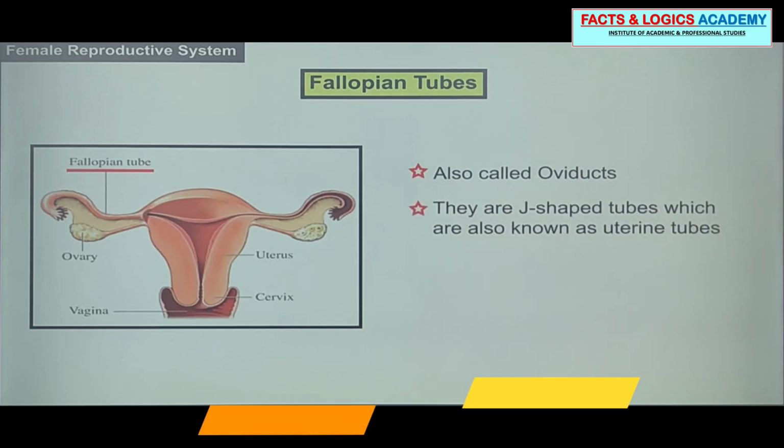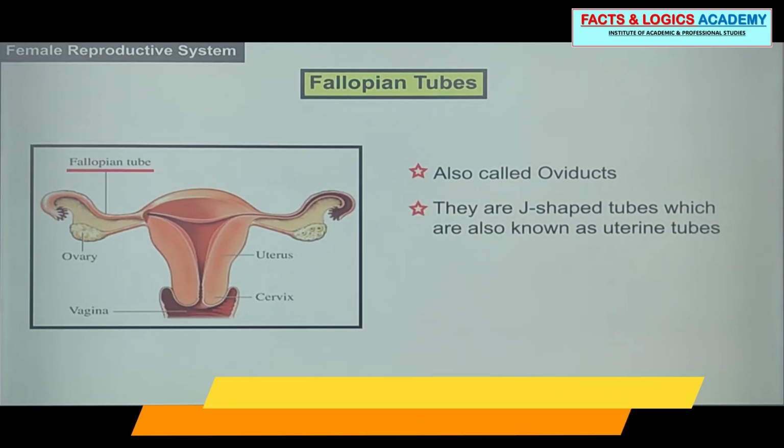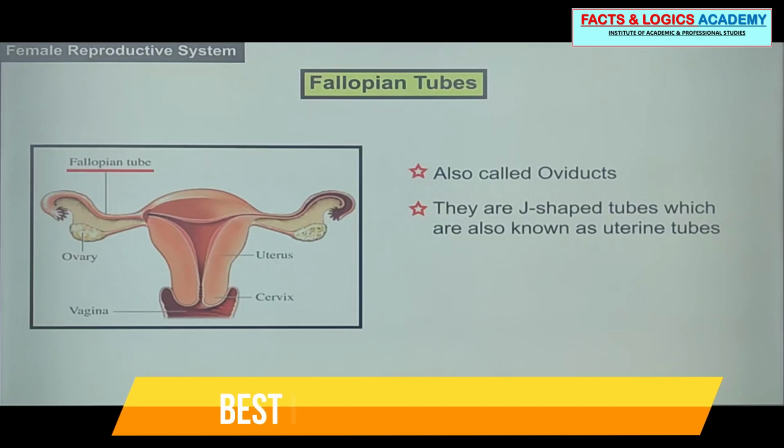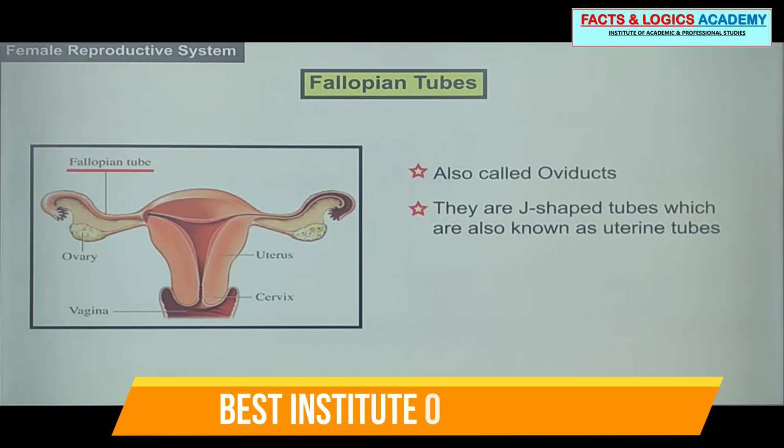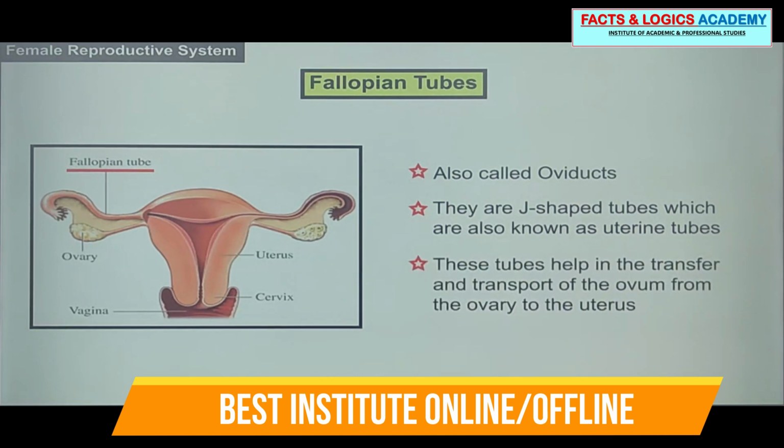Fallopian tubes are J-shaped tubes, which are also known as uterine tubes. Now, the question here is that, if ovaries can produce the female gametes, then why are these extra tubes required? So students, let me tell you that these tubes help in the transfer and transport of the ovum from the ovary to the uterus.